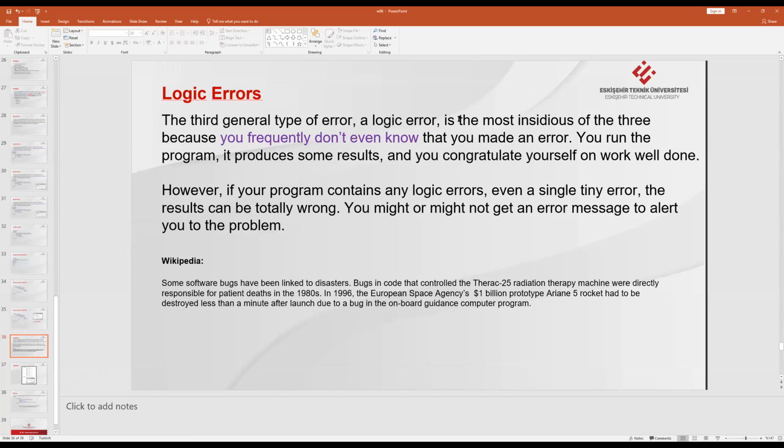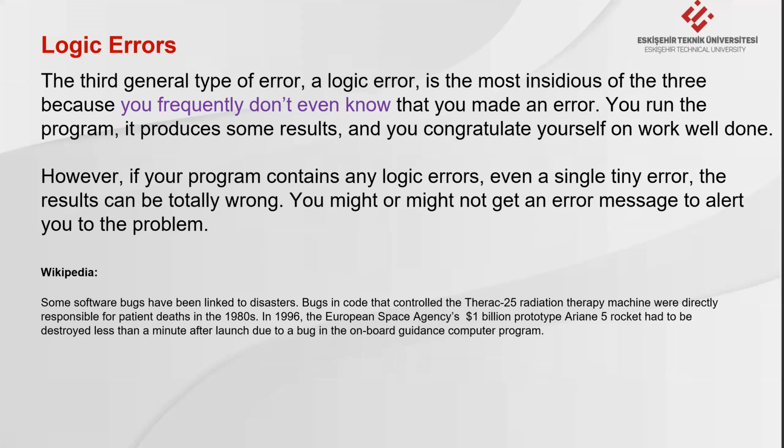Logic errors. The third general type of error is a logic error, and it is the most insidious of the three of them because you frequently don't even know that you made an error. You run the program, it produces some result, and you congratulate yourself on work well done.